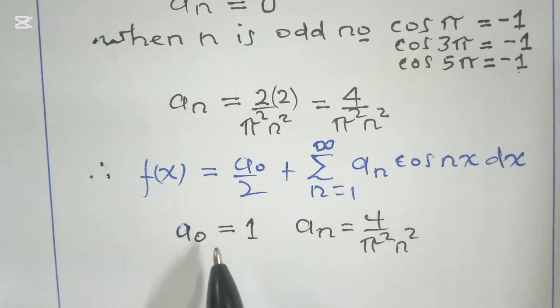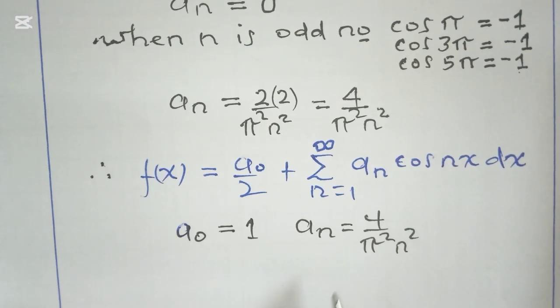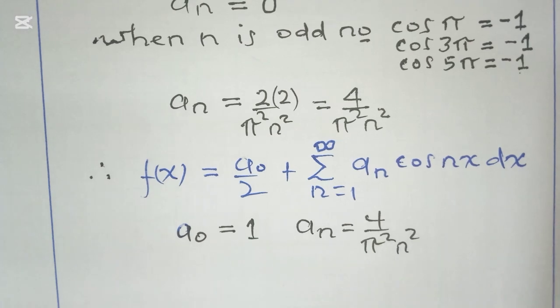And we have found that A0 is 1 and AN is 4 over pi squared n squared, where n is an odd number.